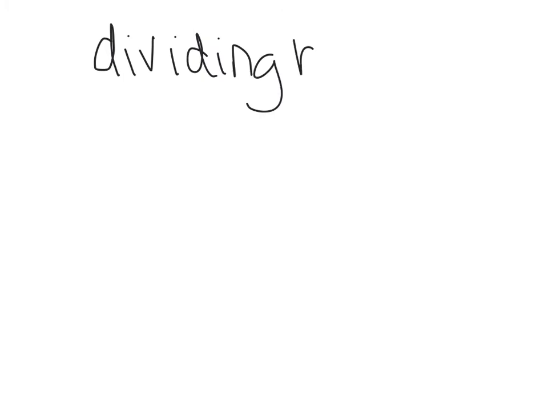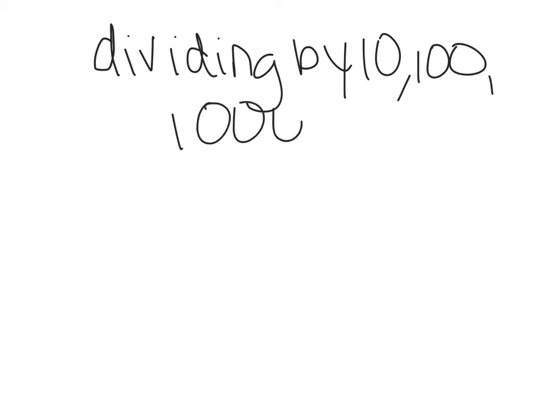All right, so in your notebook, we're going to go ahead and do the title. Today's title is Dividing by 10, 100, and 1,000. I want you to come up with your own I can statement. I bet you can think of it. What are we going to be working on today?